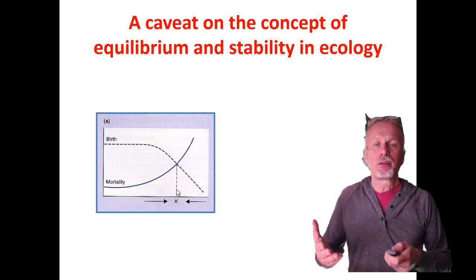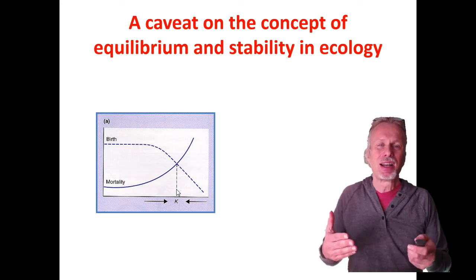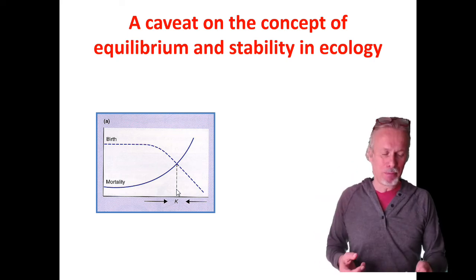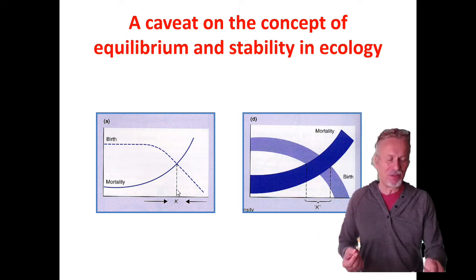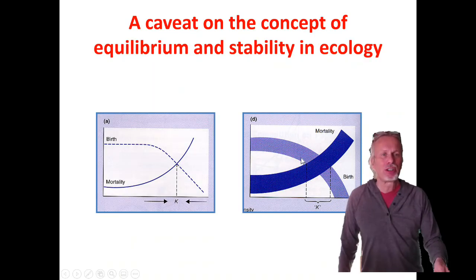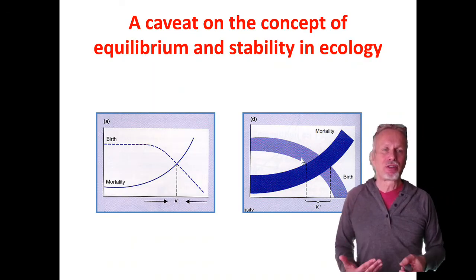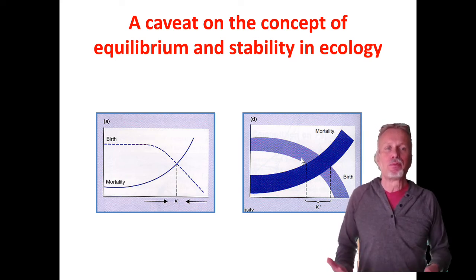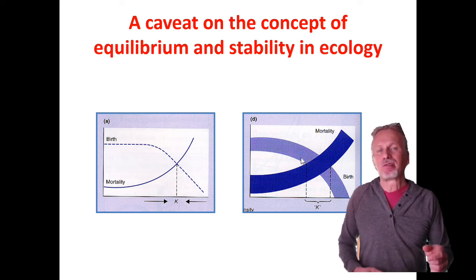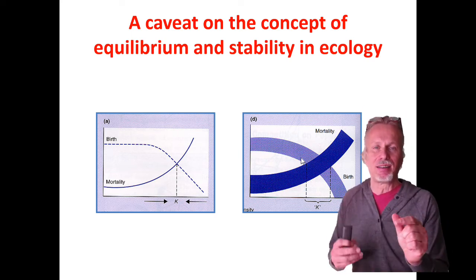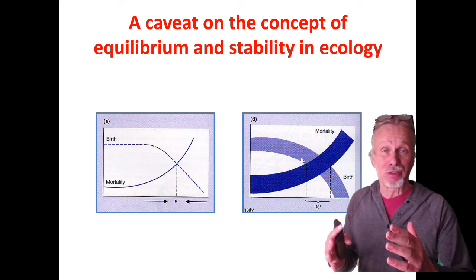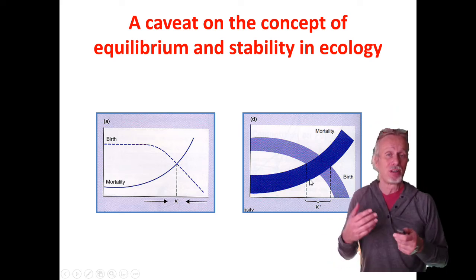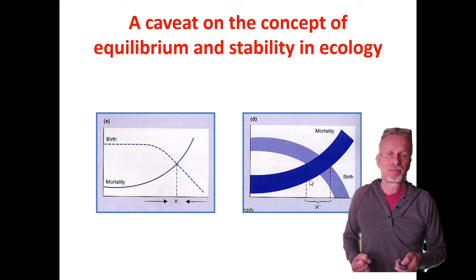All together, these lead to the fact that it's actually really difficult to see a single carrying capacity, and a more realistic graph is the one that I reported here, in which there is a lot of uncertainty about the actual mortality and the actual birth rate given a population density. And so rather than a carrying capacity as a single precise value, even if the population is truly around equilibrium, there's going to be a range of densities around which the population generally fluctuates.